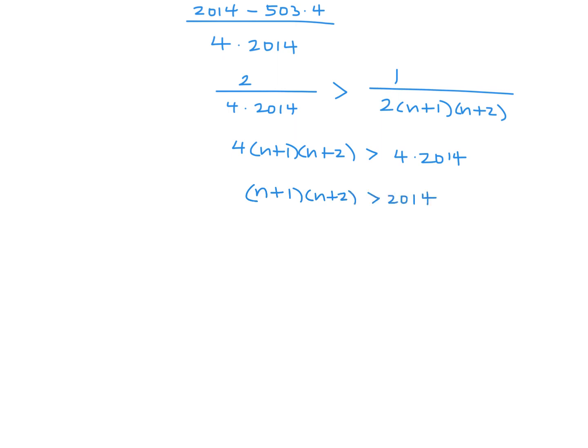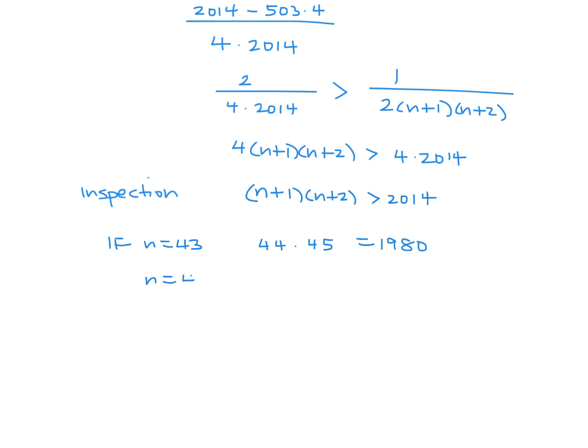Okay, so now I guess I got to do inspection. I've got to figure out what's the smallest number that would satisfy that. And you can fiddle around with this. Let's see, if n is 43, it would be 44 times 45, which is 1980. That's not greater than 2014.